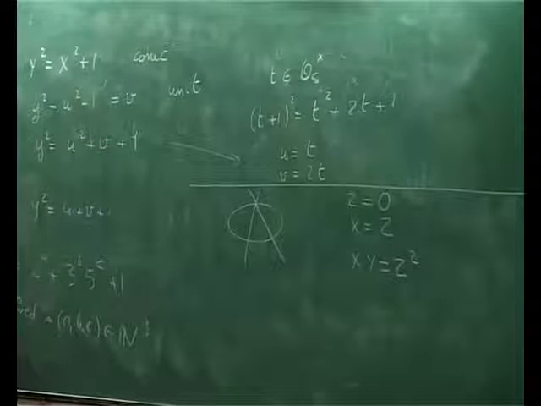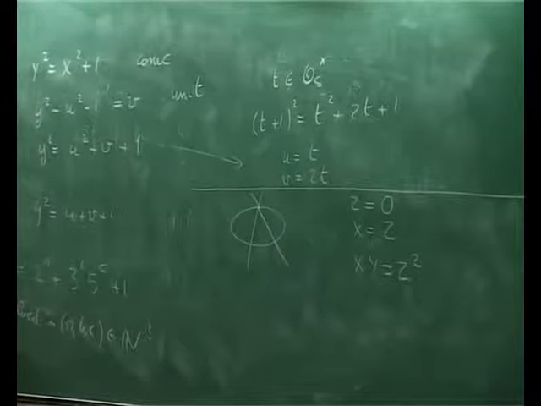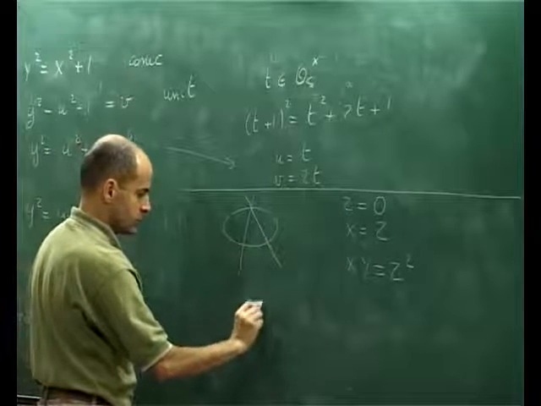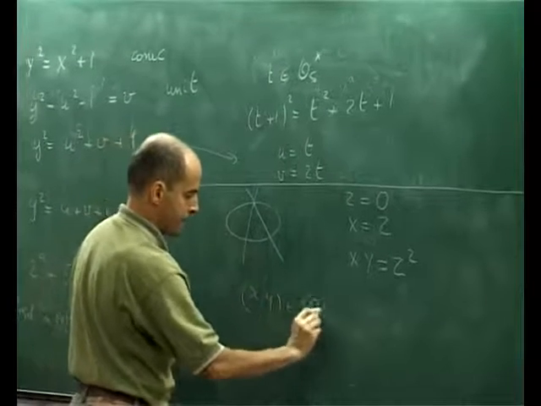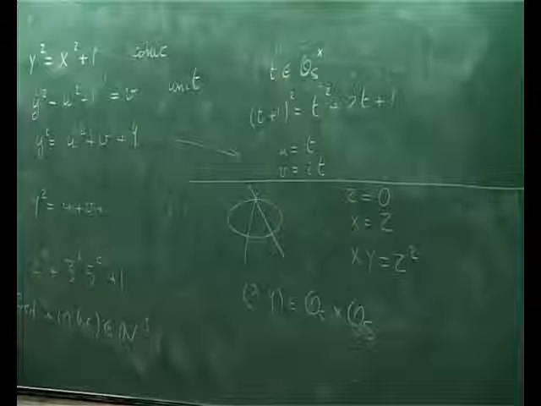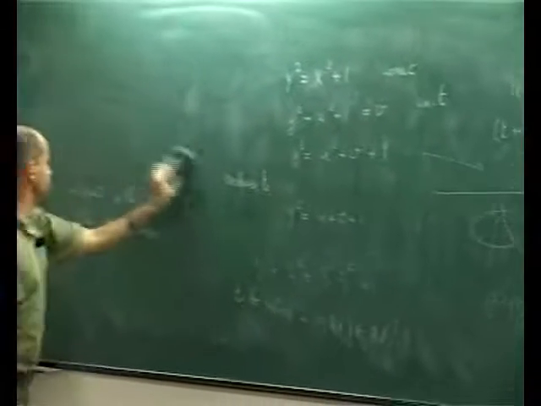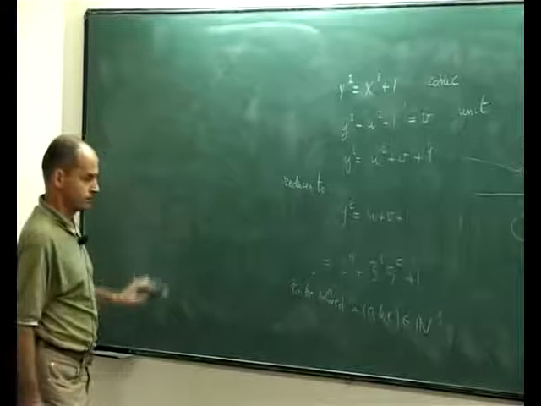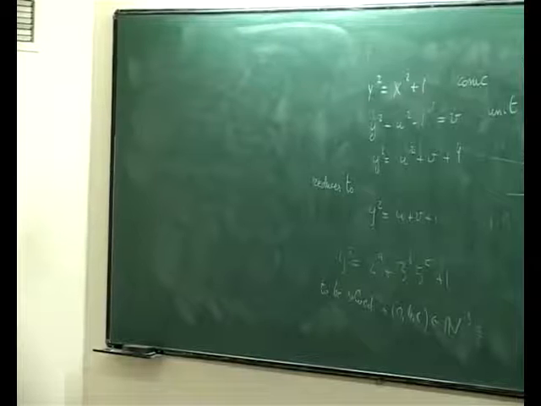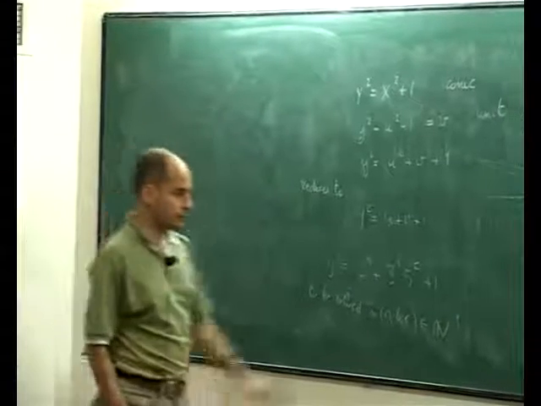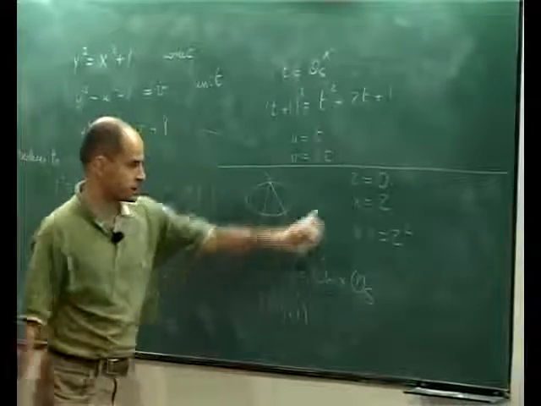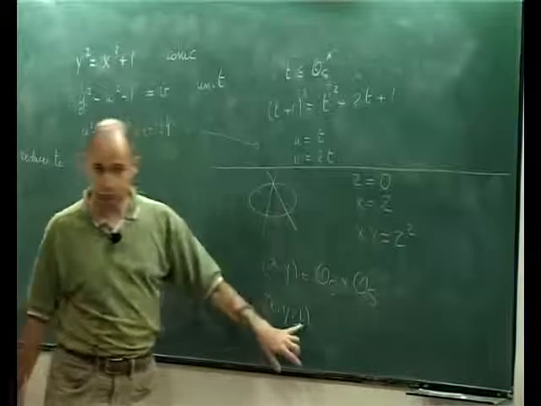So in this case, integral points correspond to integers x, y, such that, recall that this corresponds to x, y, 1. So x does not reduce to z means x does not reduce to 1.